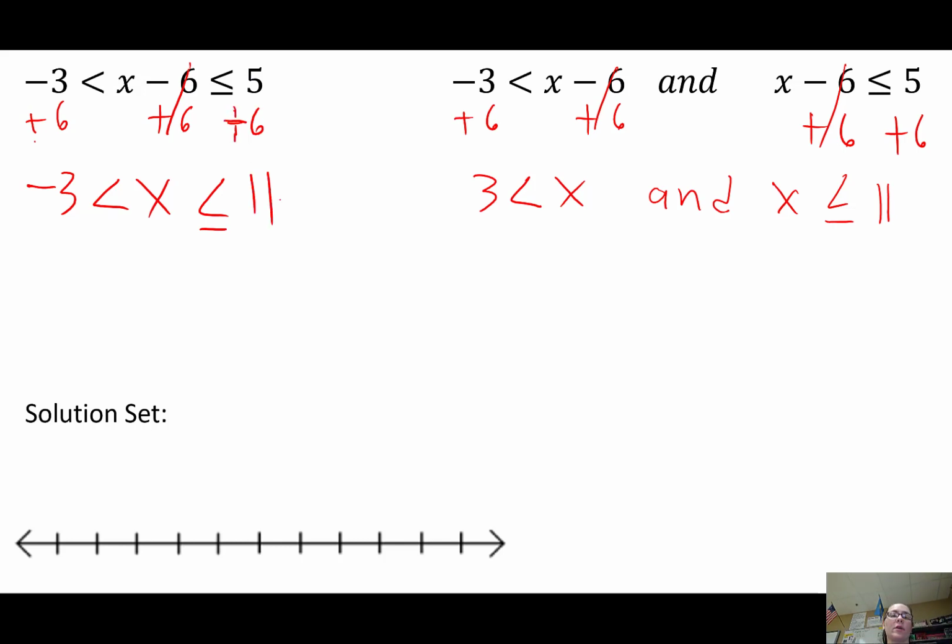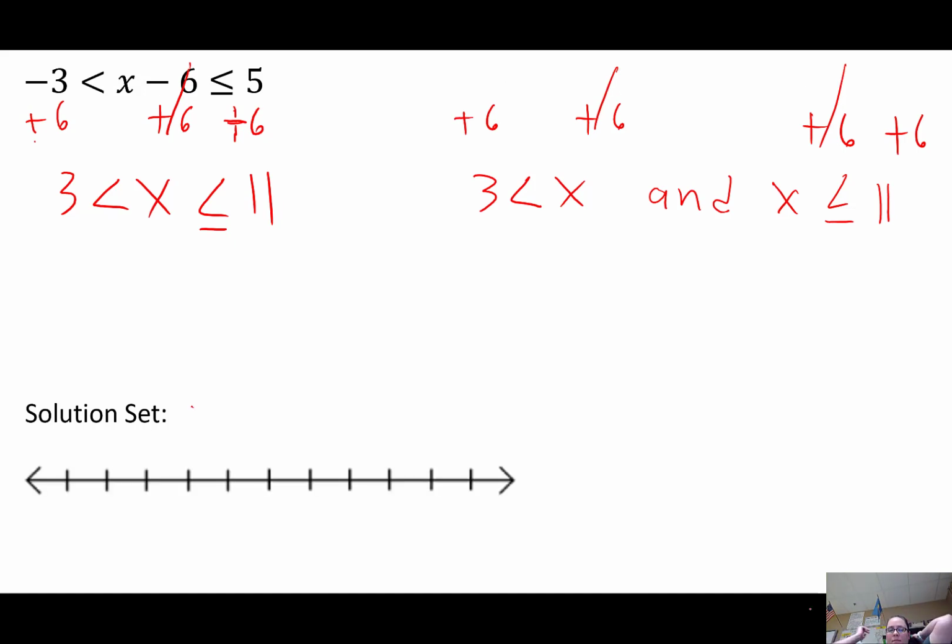So all I did on that original problem was add 6 to the center and to both outsides. So my solution set is 3 less than x less than or equal to 11.